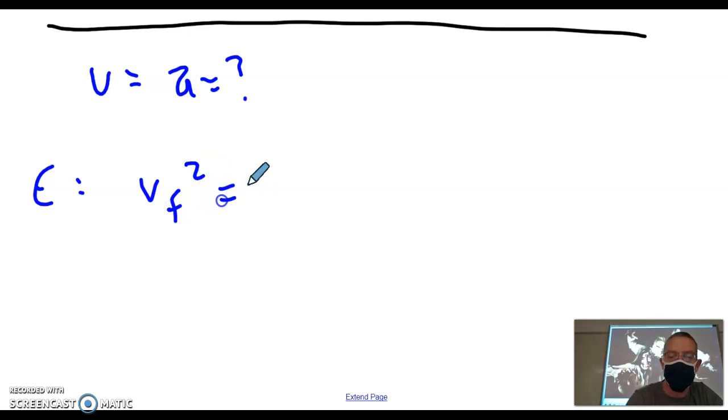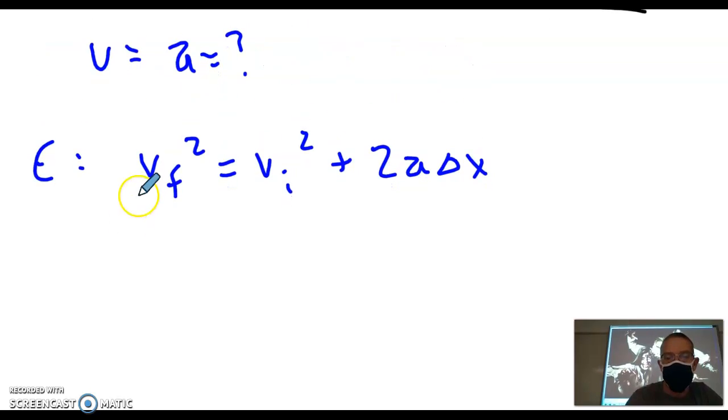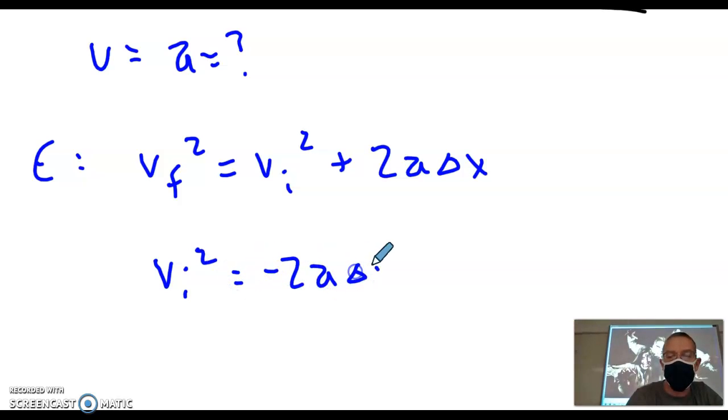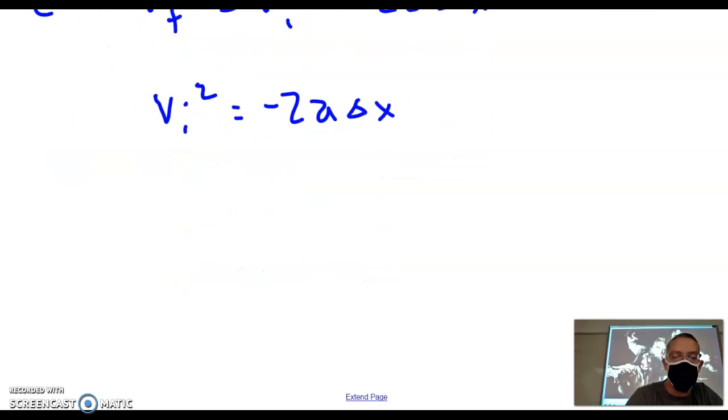The equation we're going to need, and I mentioned this earlier, is a valuable equation to have in our toolbox. Now I can solve this without having my time. My vf final, we hope this plane stops, right? So that's going to be 0. And so I'm going to say that my vi squared equals a negative 2a delta x, but I want to isolate acceleration by itself.